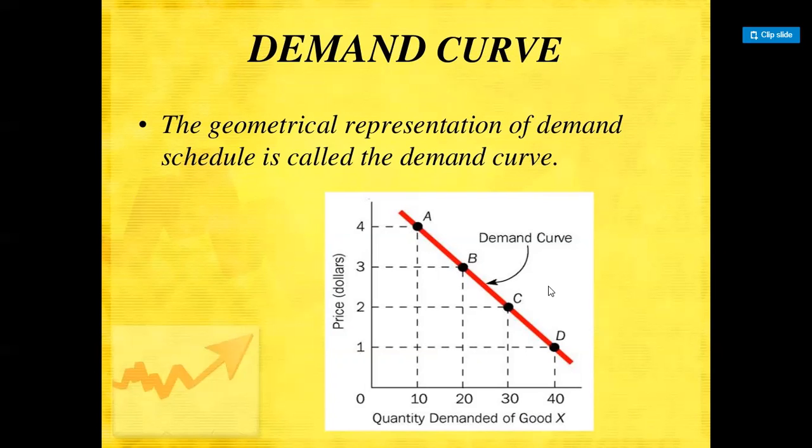It does not establish any proportional relationship between the change in price and the resultant change in the demand. One-sided. The law of demand is one-sided. It only explains the effect of change in the price on the quantity demanded. It states nothing about the effect of change in the quantity demanded on the price of a commodity.